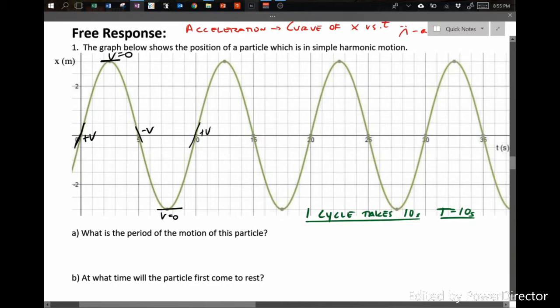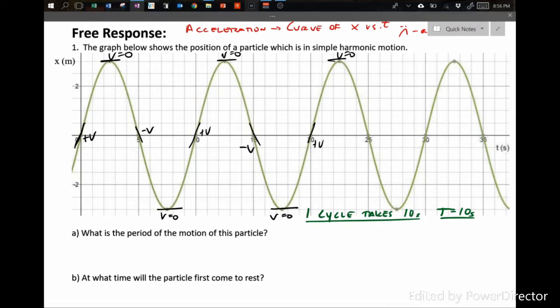Here, positive velocity. Here, velocity is 0. Negative velocity, velocity is 0. Positive slope, positive velocity, velocity is 0, and so on and so forth. That's what I get just knowing my things about a velocity.